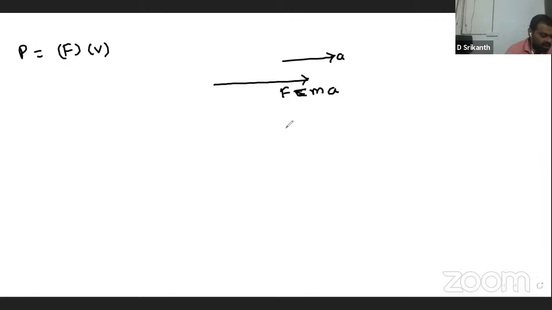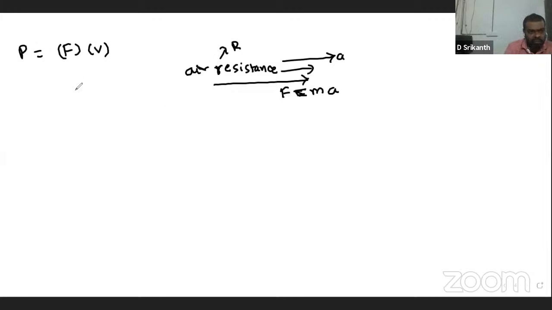Now we are having an external resistance. We are having some constant external resistance, that is some other force. Let us consider air resistance, some other force or some internal forces. I am considering it as air resistance having a force R, which is moving along the same direction.